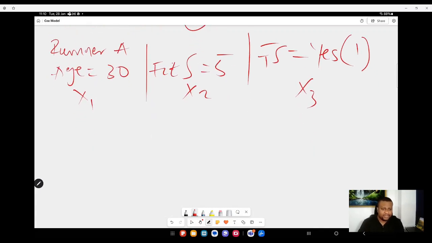Let's plug them in. Let's now look at what the hazard function becomes for runner A in this instance.